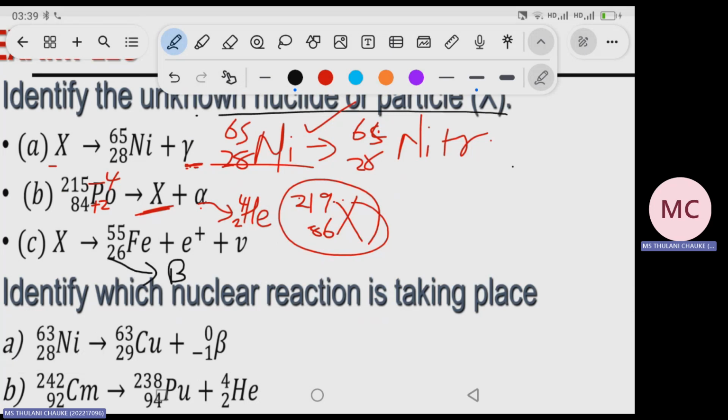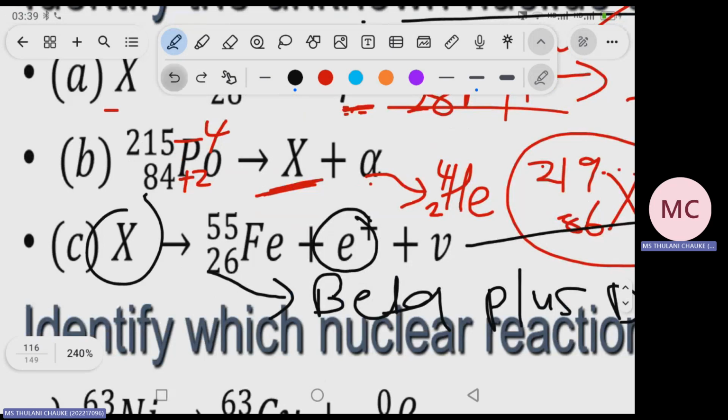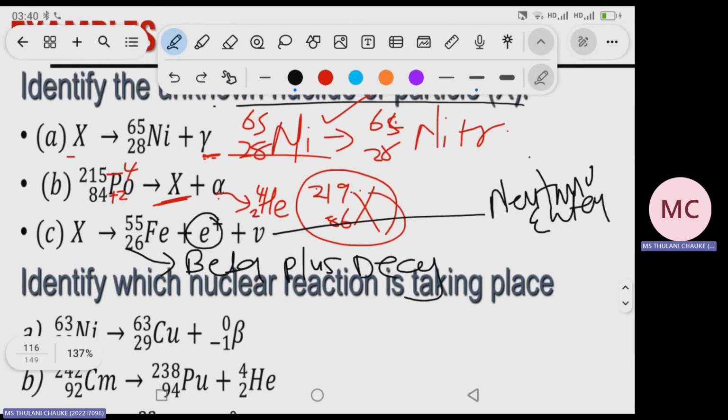On beta plus decay, a positron is emitted and also a neutrino is emitted. So your duty was to find X, and it's very easy.